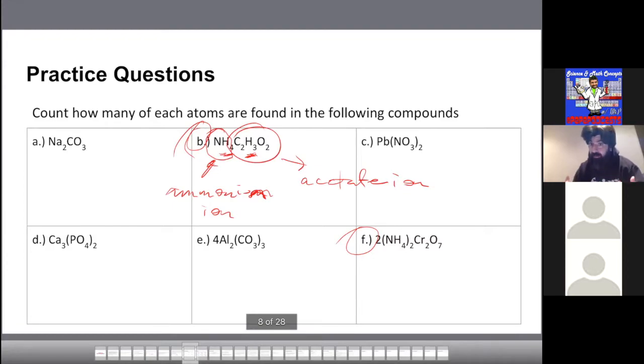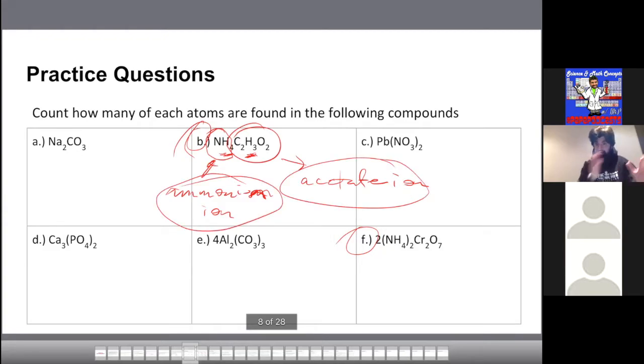But when you're counting them in total, you can either count them as ammonium and acetate as separate entities, or count them together: we've got 4 hydrogens here plus 3 hydrogens there to give us a total of 7 hydrogens in this one whole formula. Sorry for all the red that's written, that just covered around that formula.